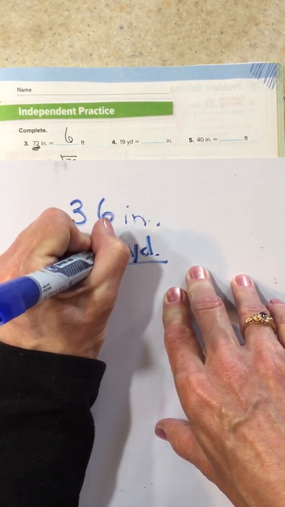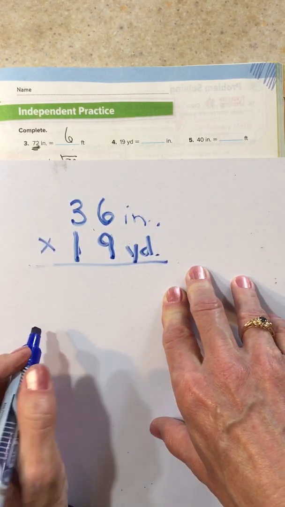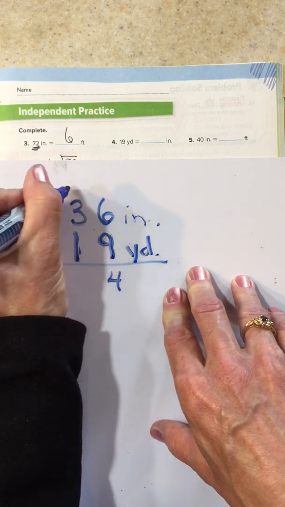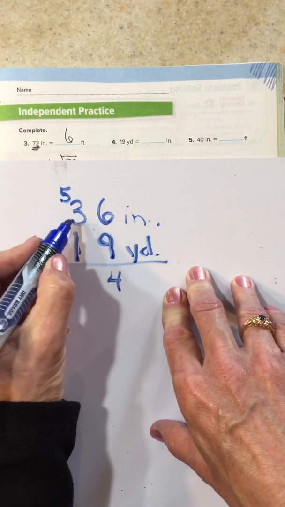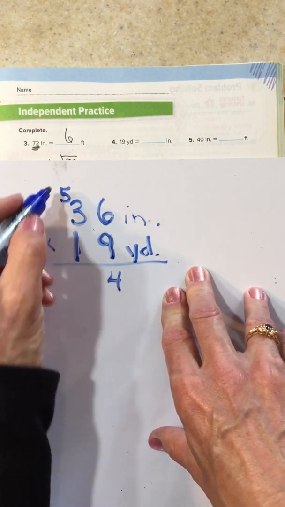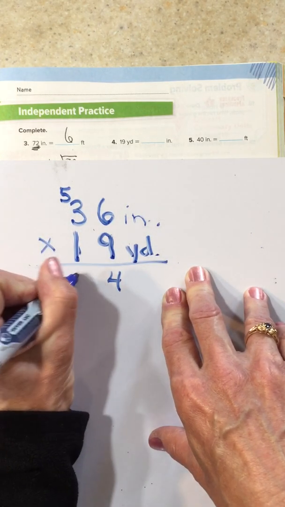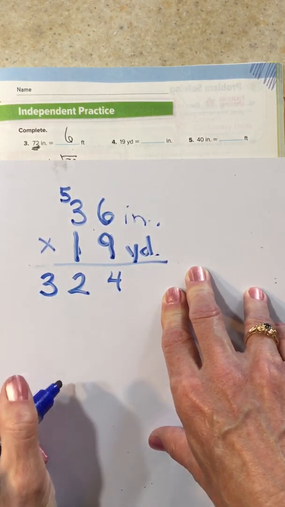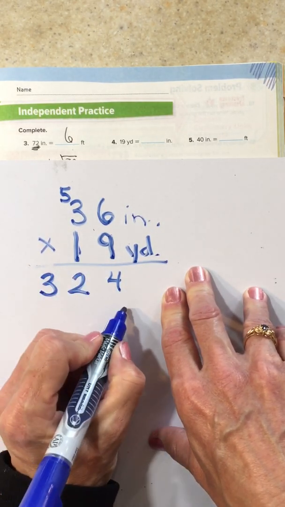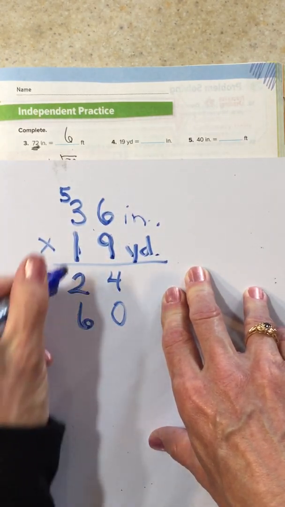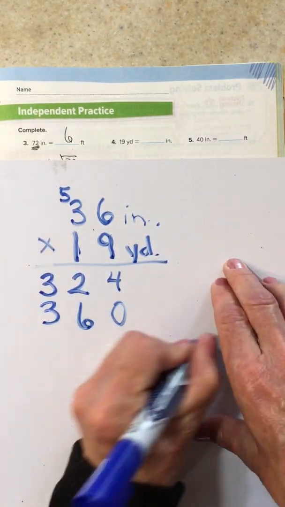Sorry, this isn't writing that well. What do we get? We need to do the work. 9 times 6 is 54. 9 times 3 is 27 plus 5 is 32. New row, drop an egg. 1 times 6 is 6. 1 times 3 is 3.